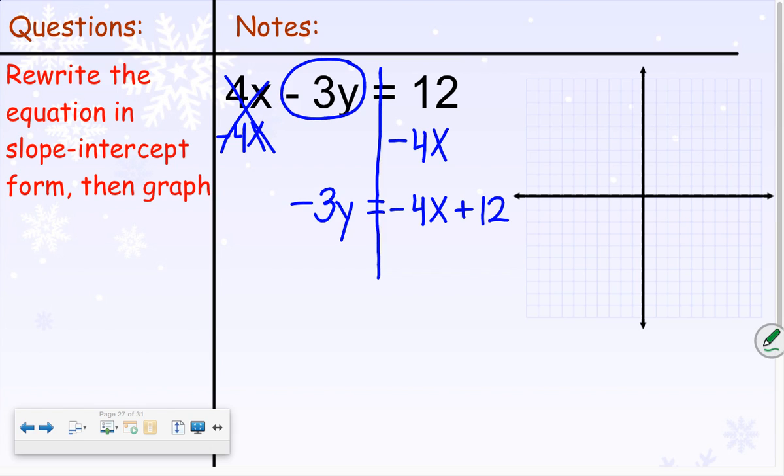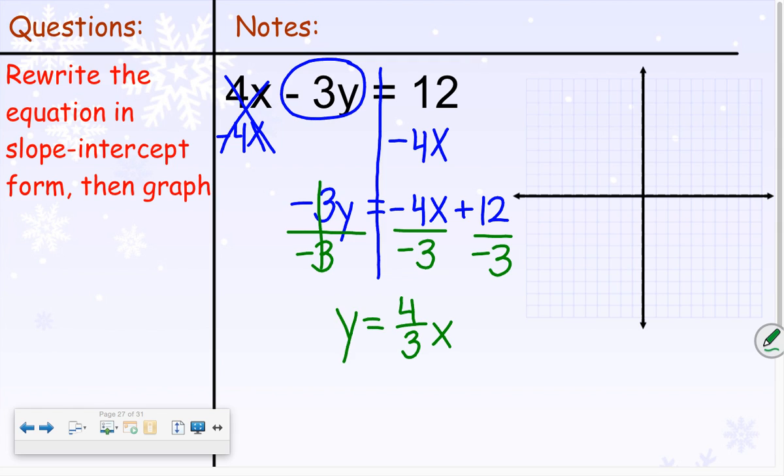And I'm going to divide every single number by negative 3. So these make 1, so I have y equals a negative over a negative makes a positive. 12 divided by negative 3 was negative 4. So put your first point at negative 4, then rise 4, run 3, rise 4, run 3.